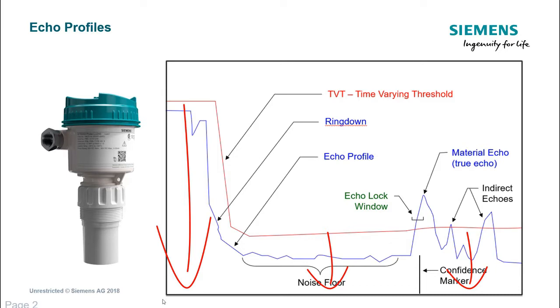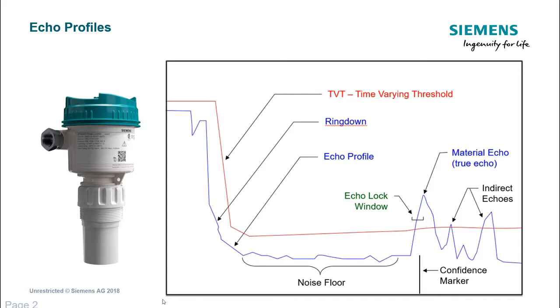So straight away it filters out the noise floor, and it goes along, and anything blue that protrudes that red line is then scored on different algorithms, and some of those will be the height of the echo, the area of the echo above the red line, and whether that's the first or the last echo.